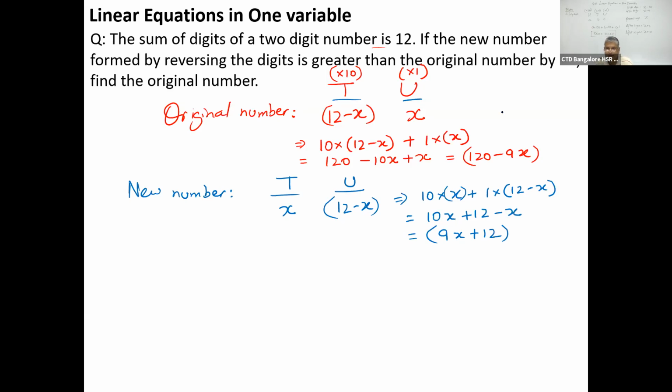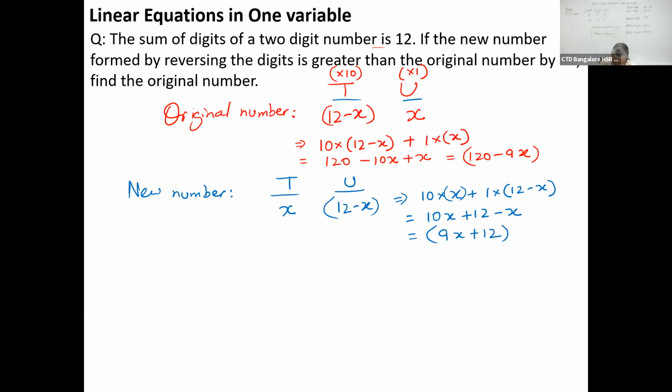And it says the new number formed by reversing the digits is greater than the original number by 54. So what does it mean? If you take the new number and subtract the original number, then you should get 54, because it's bigger by 54.